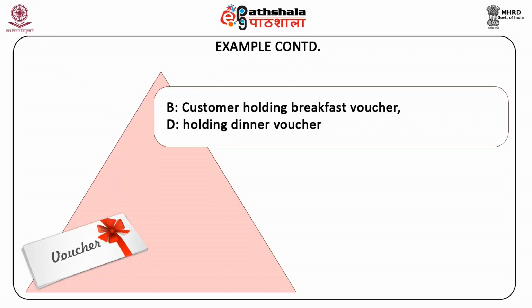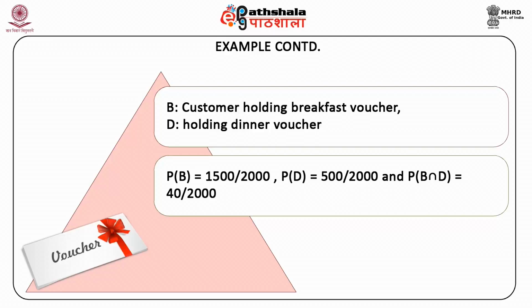Solution. Let B be the event of a customer holding breakfast vouchers and D be the event of holding dinner vouchers. Therefore, probability of B is equal to 1500 upon 2000, probability of D is equal to 500 upon 2000, and probability of B intersection D is equal to 40 upon 2000.